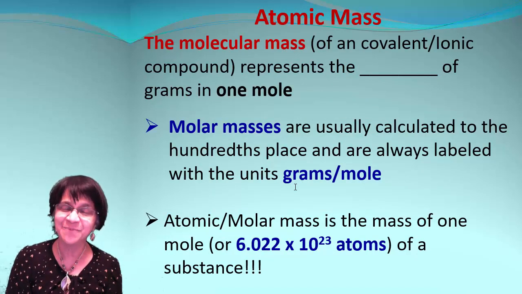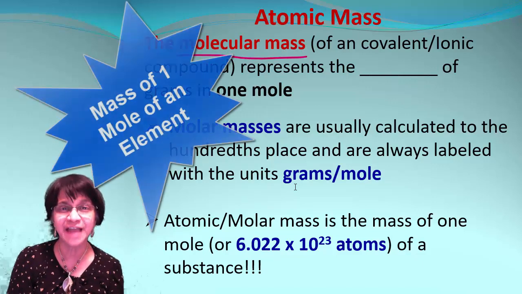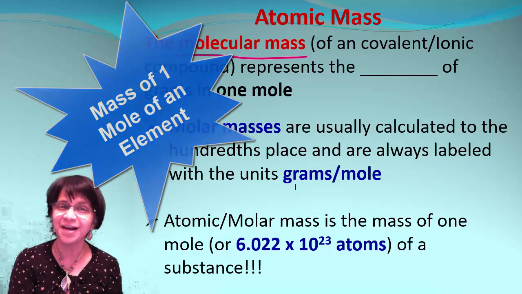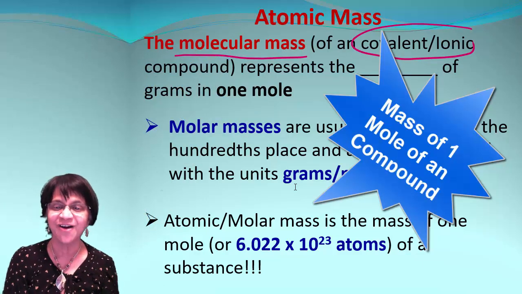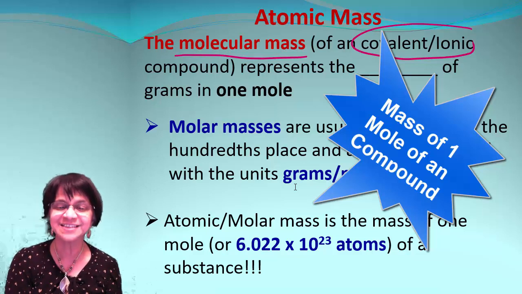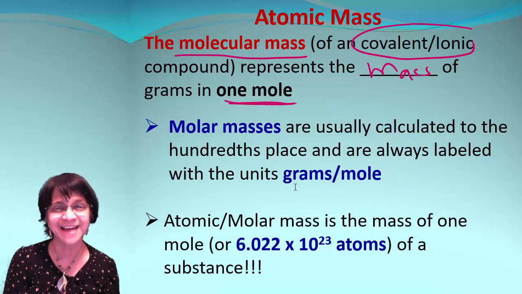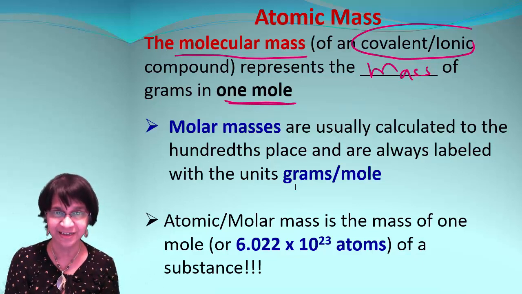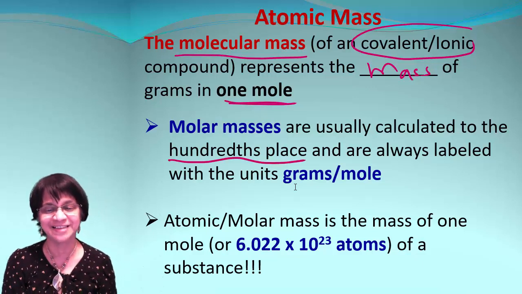So what do we mean by atomic mass or molecular mass? When we use the term atomic mass, it goes back to the element. When we use the term molecular mass, we are talking about a compound, which could be covalent or ionic. This represents the mass in grams of 1 mole of either an element or a compound. Molar masses are calculated using the periodic table, usually to the hundredths place.